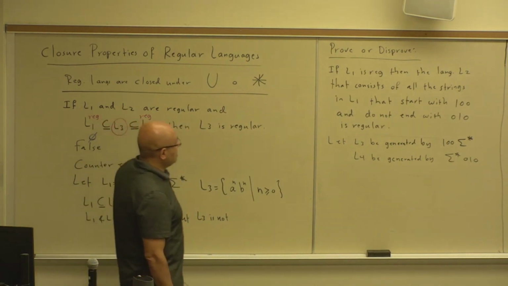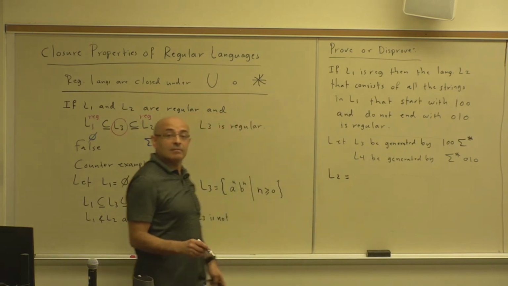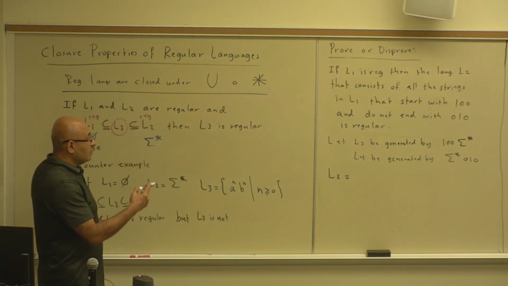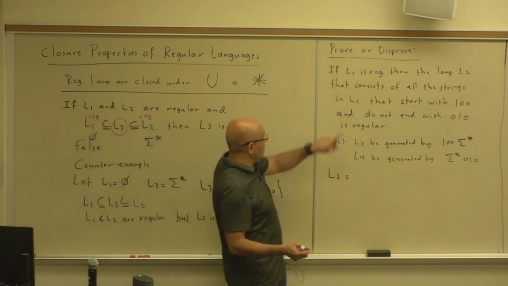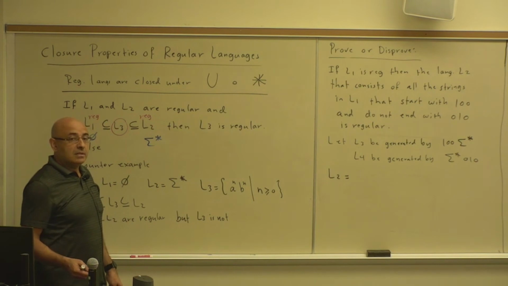Now what's the relation between L2 and the others? How can you express L2 in terms of L1, L3, and L4? It's straightforward, right?